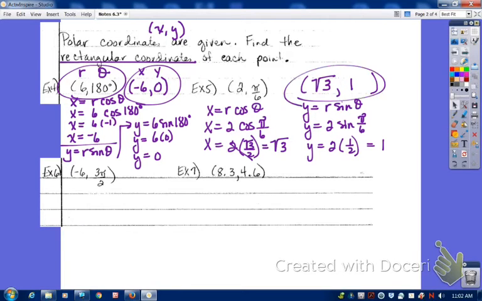So my rectangular coordinate that gets me to the same spot as (2, pi over 6) does is (square root of 3, 1). So you can always visually check: to the right 2, rotate counterclockwise pi over 6, and then square root of 3 is about 1.7. So if you go to the right about 1.7 and up 1, that gets you to the same place as (2, pi over 6) does.